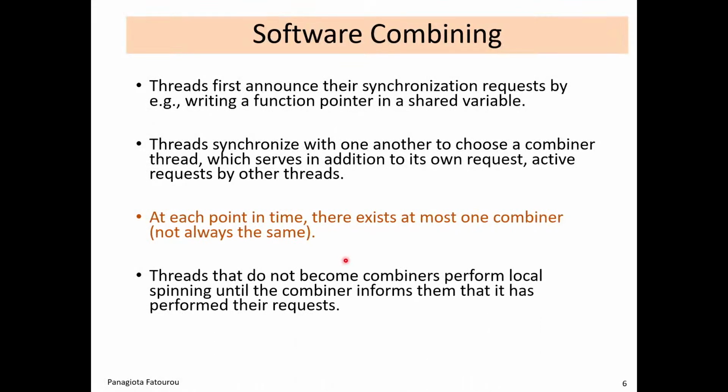The rest of the threads that do not become combiners perform some kind of local spinning, and local spinning means that I'm going to repeatedly evaluate a condition, and this condition tests the values of shared variables until the combiner informs them that it has performed their requests by changing the value of one of the shared variables. Then the condition evaluates to true, and these threads stop waiting.